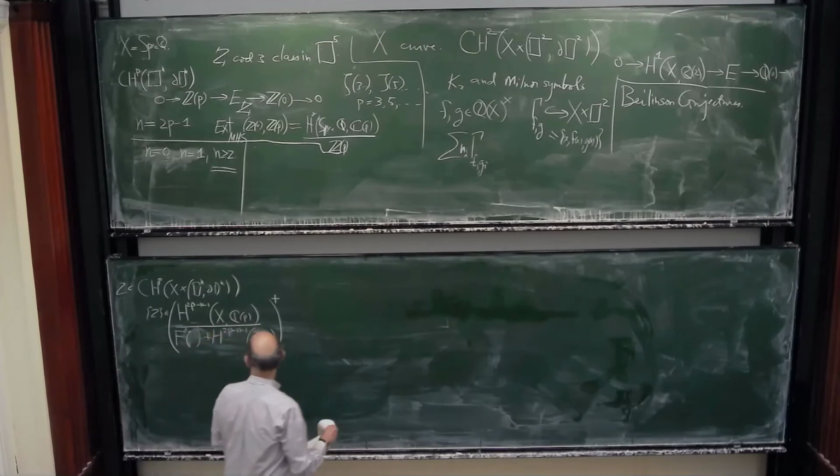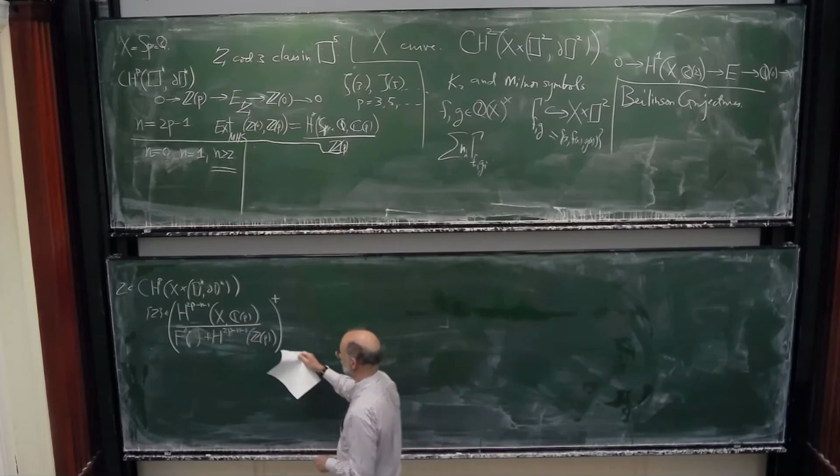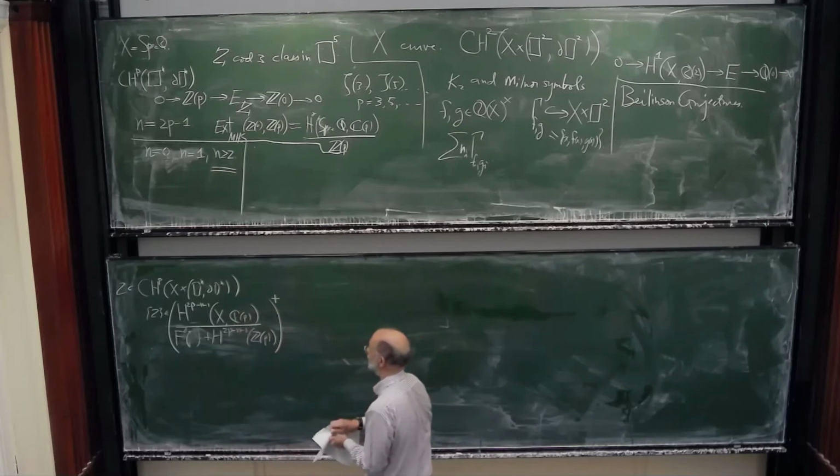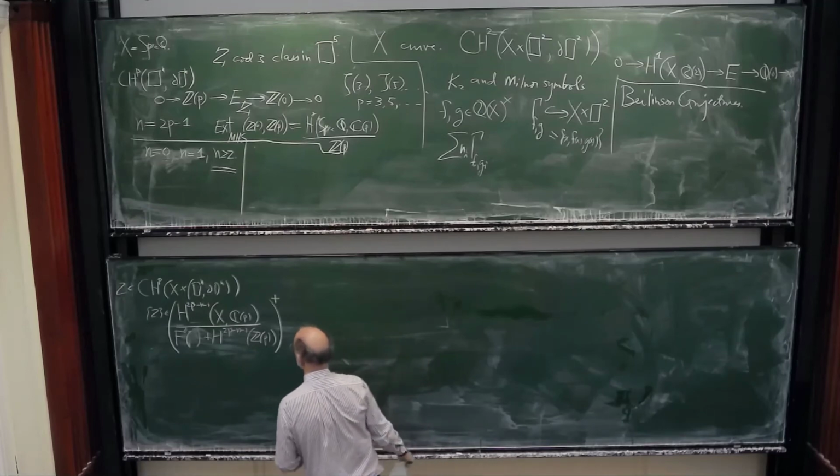Okay. Now, this is a sort of abelian Lie group for the range of indices that we care about. And let me rewrite it slightly differently.